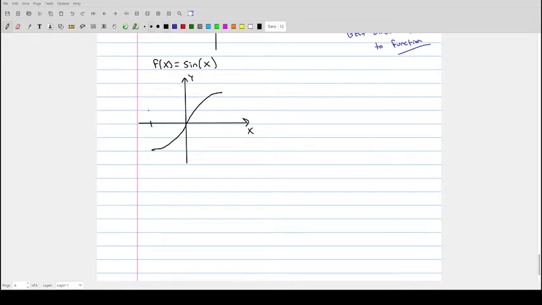So this point is negative pi over 2. This point is pi over 2.